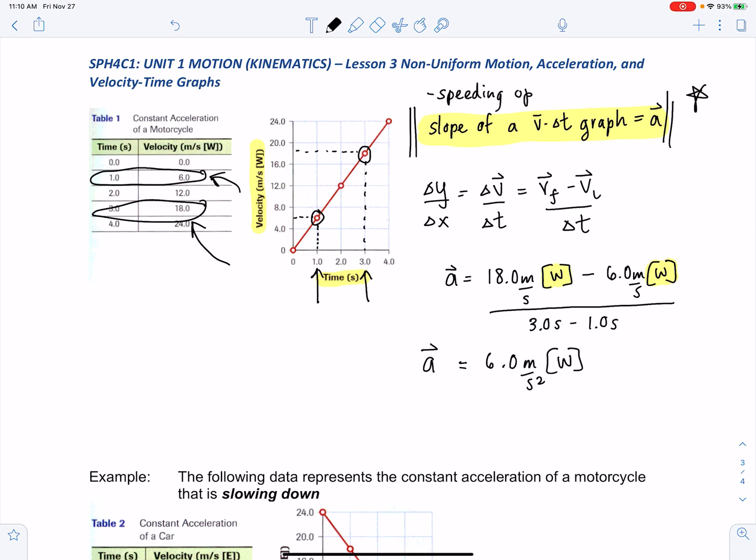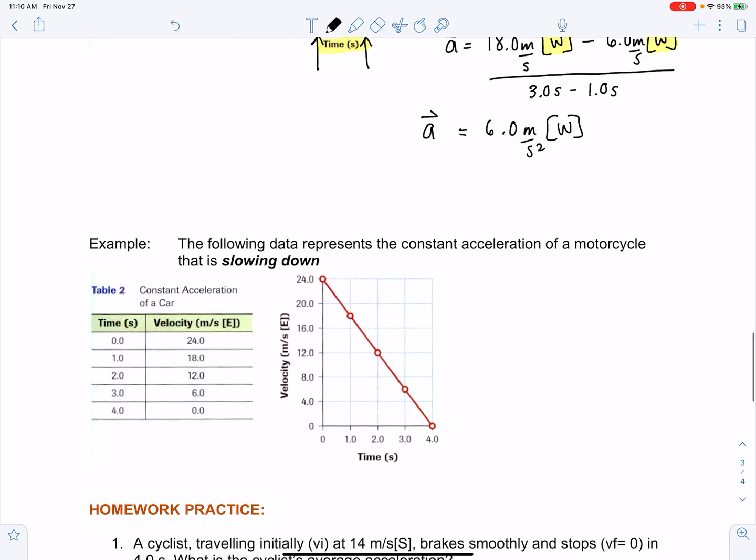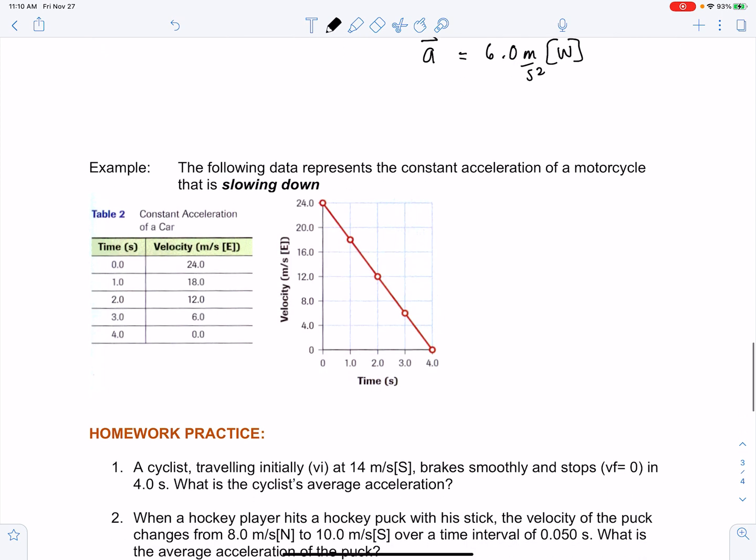Let's take a look at a velocity time graph for an object that is slowing down. If you take a look at the characteristics of this graph, it's a linear relationship, there's a straight line, but it's downward sloping. This downward sloping tells us that the object is decelerating. Let's find the slope.